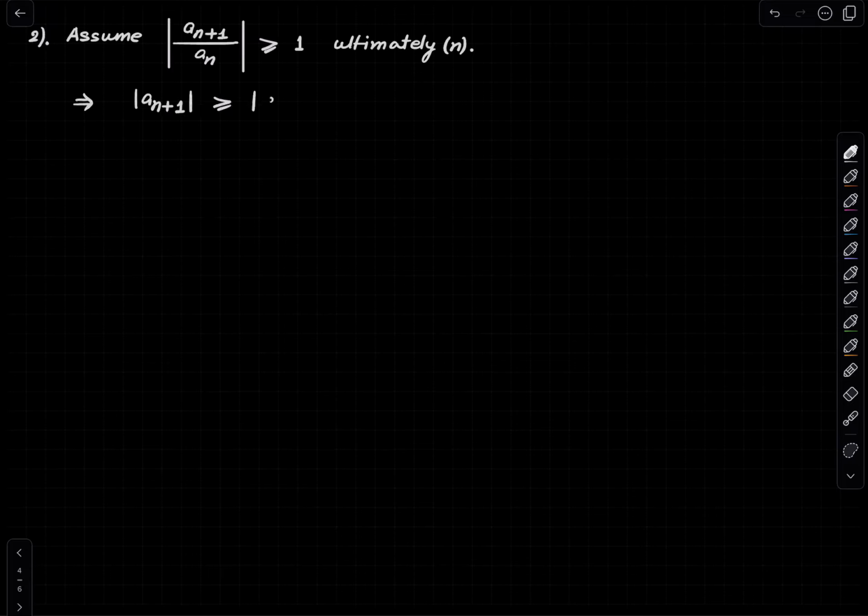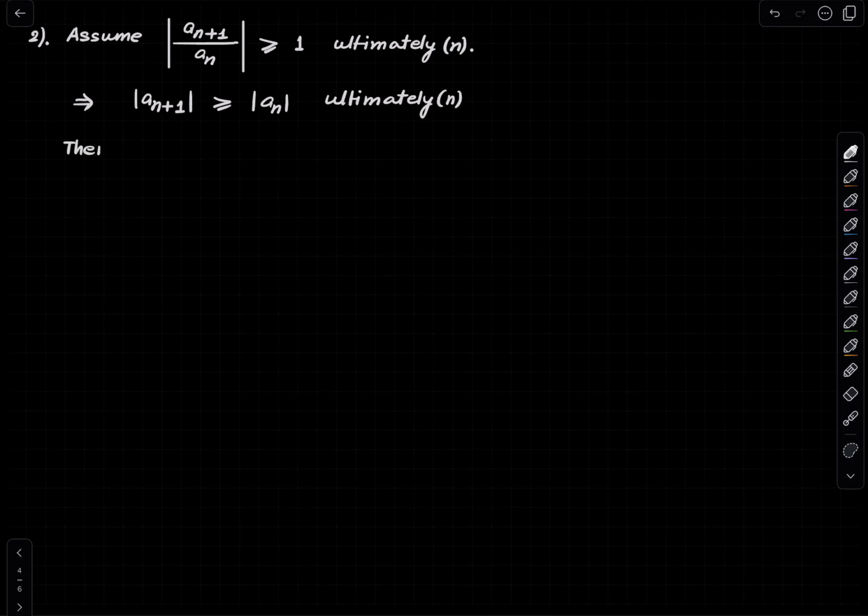Yeah, so let's prove the second one. For this, suppose we have that this is at least 1 ultimately. We want to show that the series diverges. So then this happens ultimately. So what does that mean?